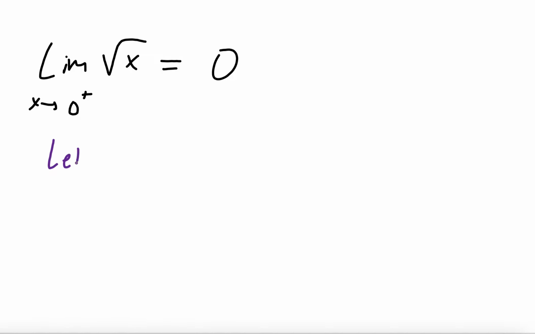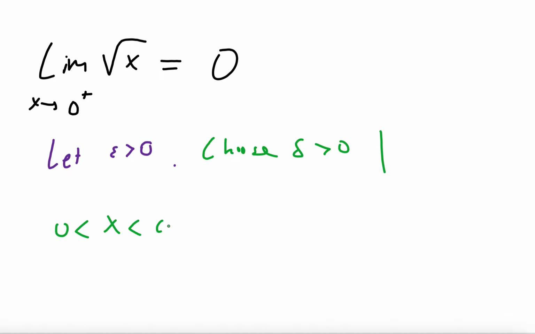We say let epsilon be greater than 0, and we're going to choose a delta greater than 0 such that 0 less than, well, x is less than c plus delta. That's going to imply, actually we don't need this side here because we're just looking at the right hand side, but now we have to add the absolute values back, right?